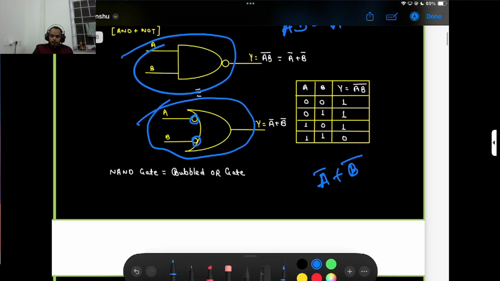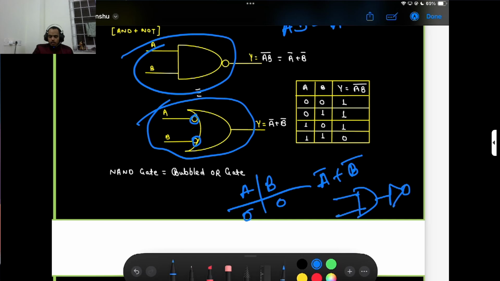And here is the truth table. What is the truth table? If my A and B are both 0 0, then for the AND gate it is 0, but it is an AND gate and one NOT gate. So if A and B are 0, here it is 0, but 0 goes to the NOT gate, so this is 1.